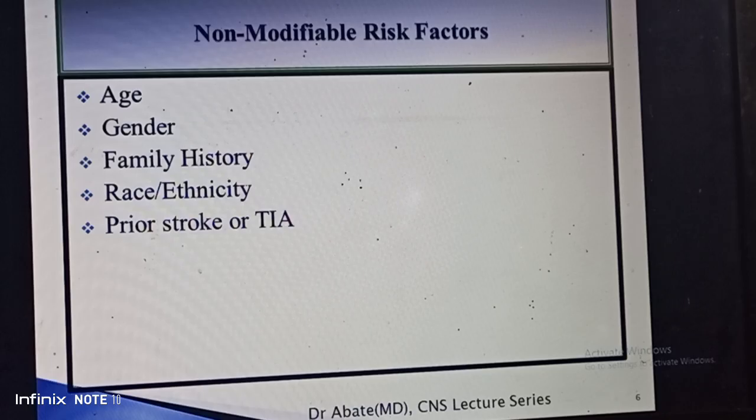The non-modifiable risk factors: you cannot modify the age of the patient, gender, family history of stroke or other cardiovascular disease, race or ethnicity, and previous history of stroke or transient ischemic attack. The abbreviation TIA means transient ischemic attack. If these are present in a patient, they cannot be changed. So they are non-modifiable risk factors.